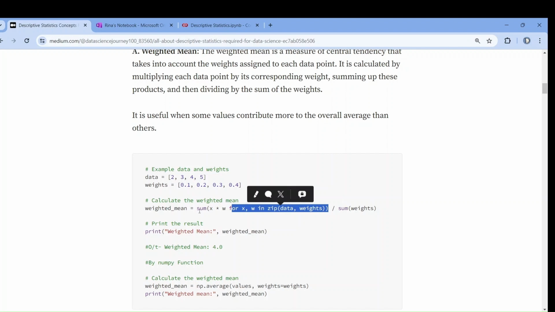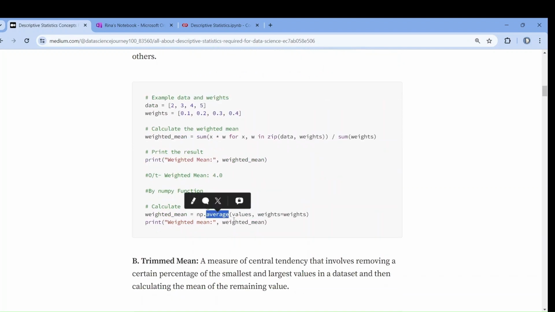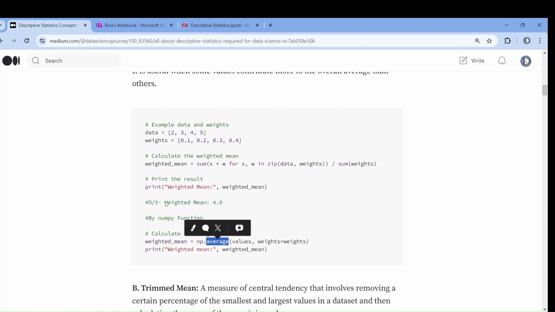Okay, so simply this way you can calculate the weighted mean, but you don't have to do these things because NumPy has already provided np.average(values, weights=weights), that means data here, comma, weights equal to weights. So these two parameters will simply calculate the weighted mean from the data set.